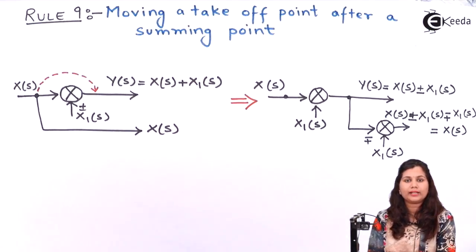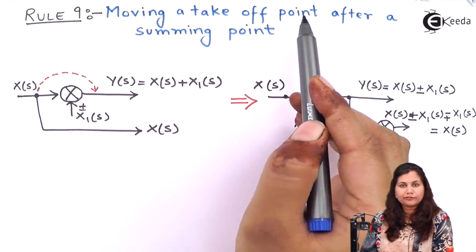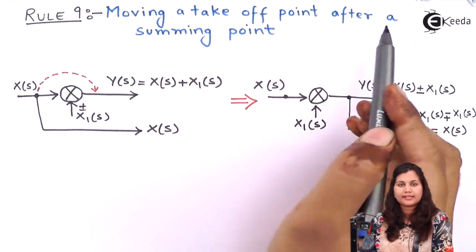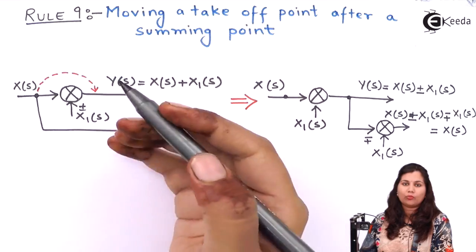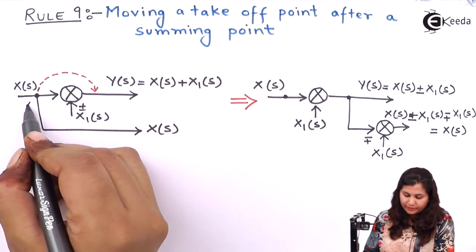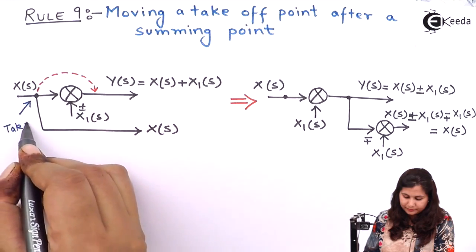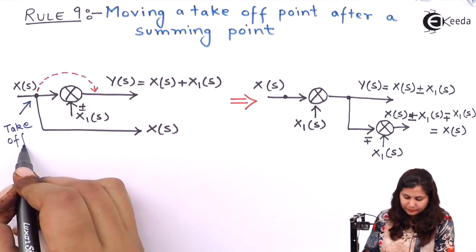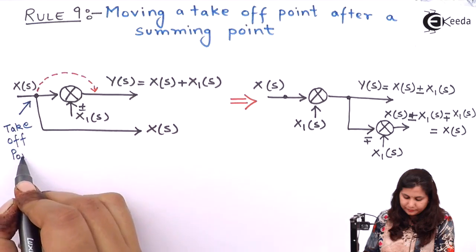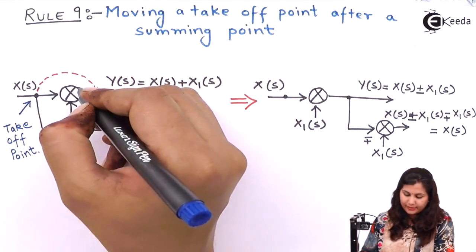Now the next rule is rule number 9. In this rule, if you want to move a takeoff point after a summing point, then what you have to do? This is the takeoff point, and this is the summing point.